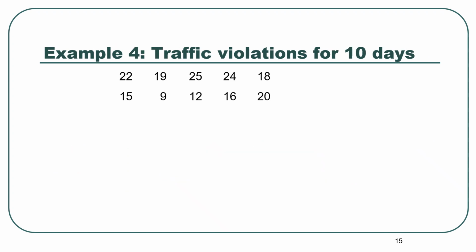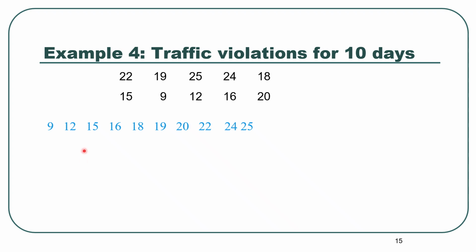So let us see that in an example. We have here example 4, traffic violations for 10 days. So we have here 10 values of traffic violations, and we need to graph our box plot.